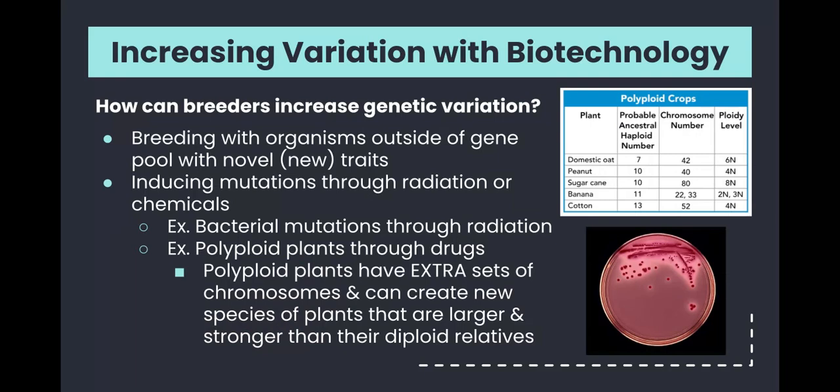Now, there is a way of increasing variation with biotechnology. First off, you can breed organisms outside of the gene pool with new traits. So you find a new trait, you bring that new trait into the pool by breeding them with organisms in that population. You also can induce mutations through radiation and chemicals. We see this very frequently with bacterial mutations through radiation.